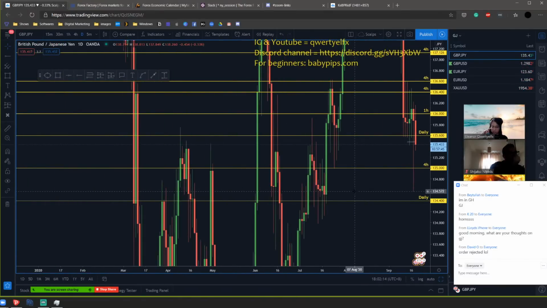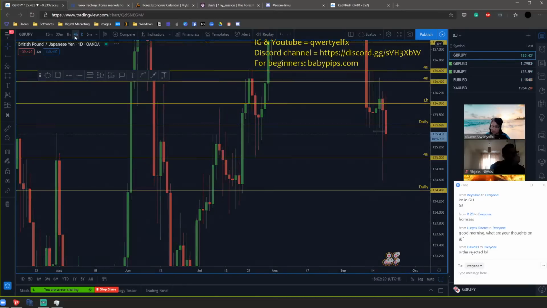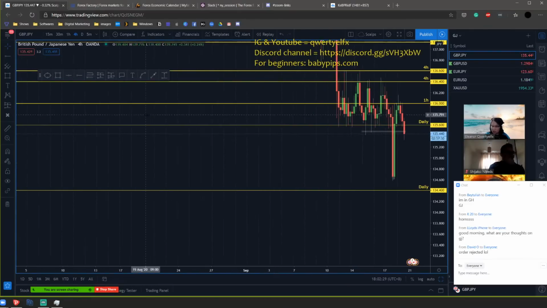I think 135 is nothing to GJ already. It's irrelevant, because on the 4 hour, we had no bids given to 135. So I'm deleting the zone.